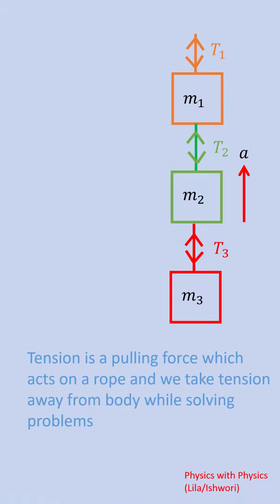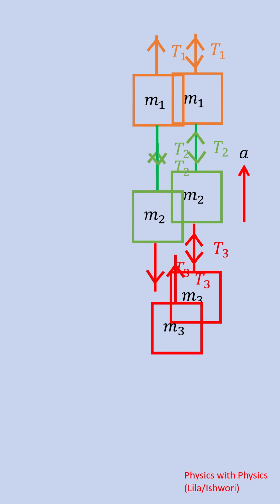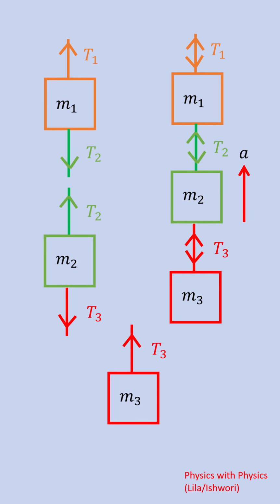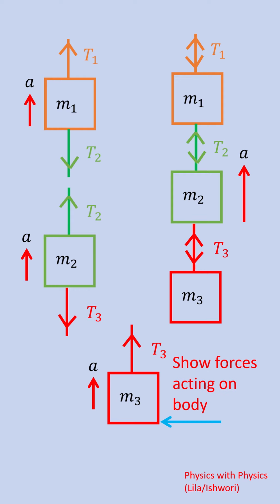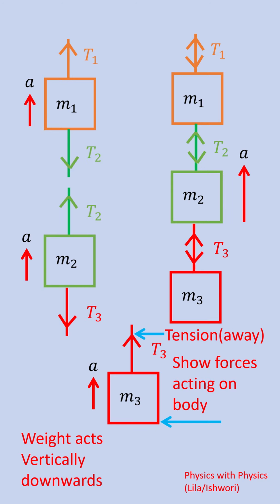Tension is a pulling force which acts on a rope, and we take tension away from the body while solving problems. Let's see the three masses separately. The direction of acceleration is upward. Now we are showing different forces on mass M3. Tension acts away, and weight acts vertically downward.